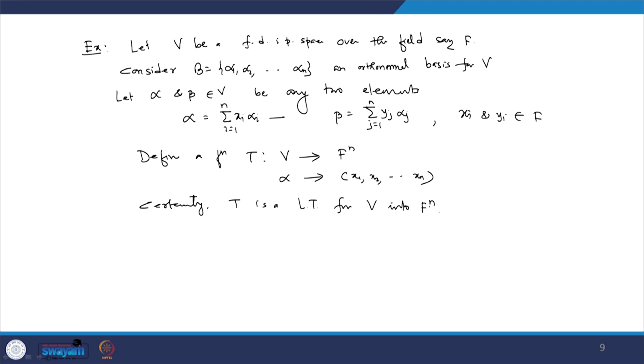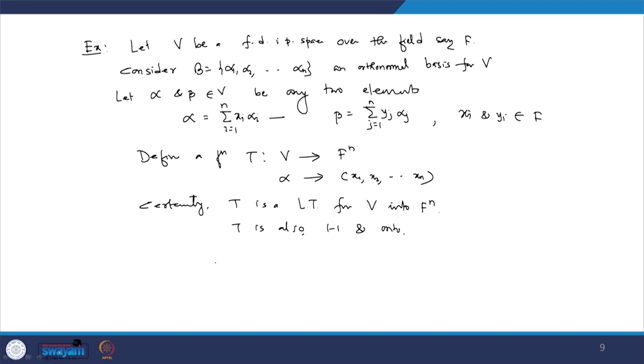Already we have checked, and you will see that it is also one-one and onto. Onto is a consequence of finite dimensionality. So, one-one implies onto also here.